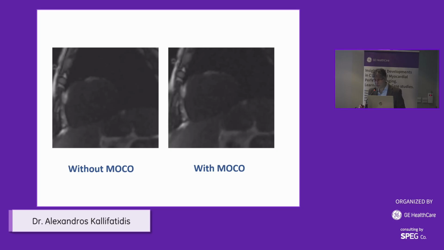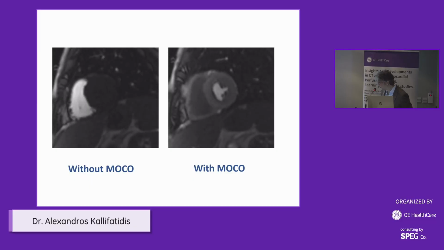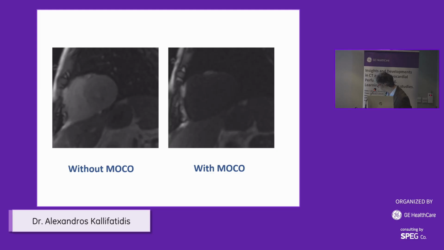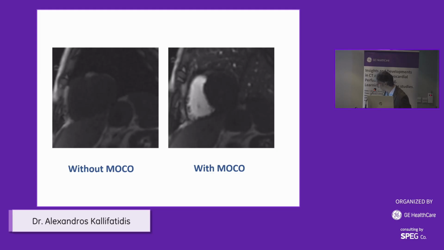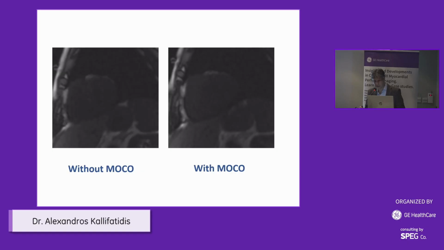Also, in order to avoid artifacts, we are using techniques with motion correction. Here you can see the perfusion sequence without motion correction. There are some difficulties maybe for the diagnosis, but with the MOCO correction technique we can significantly improve the image.